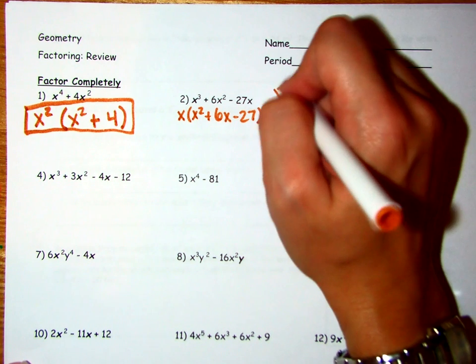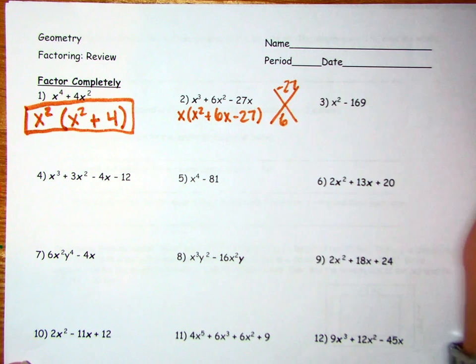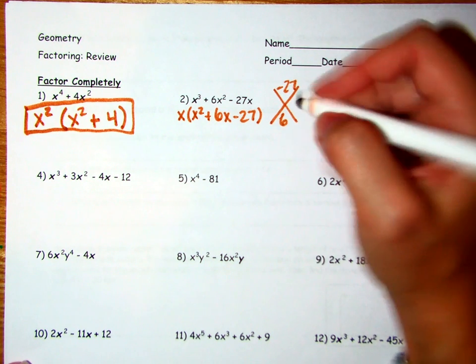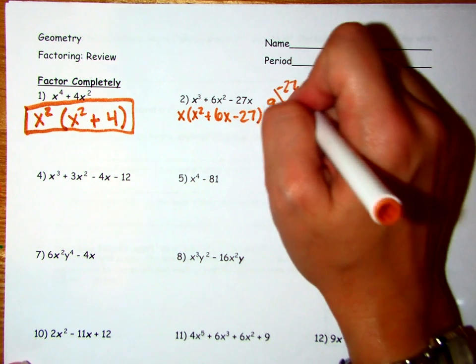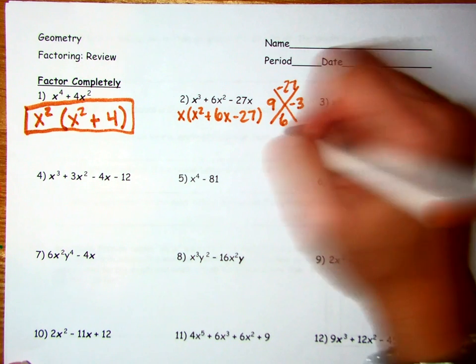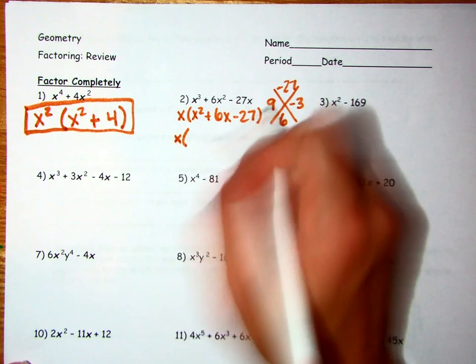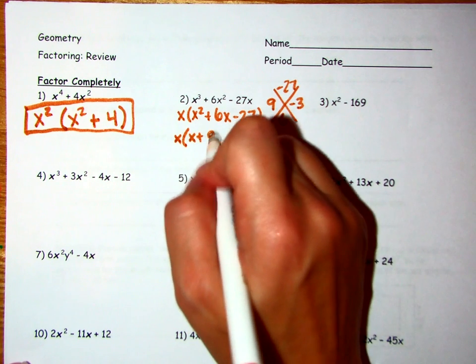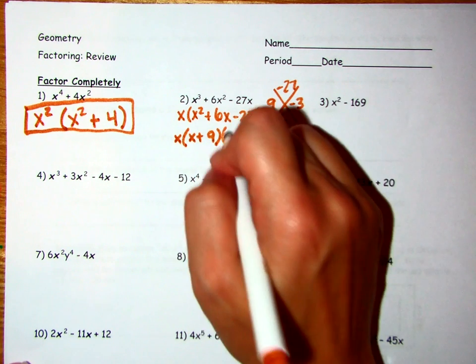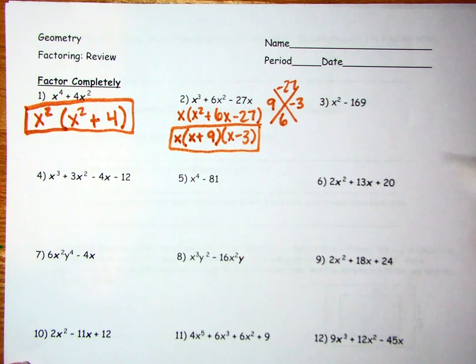So we want to think what two numbers multiply together to give me negative 27, but add together to give me 6. And if I think about that, 9 times negative 3 is negative 27. 9 plus negative 3 is 6. So we bring down our GCF, and then we get our 9 here with an x, so x plus 9. And then we've got this x minus 3, and then that would be our final answer.